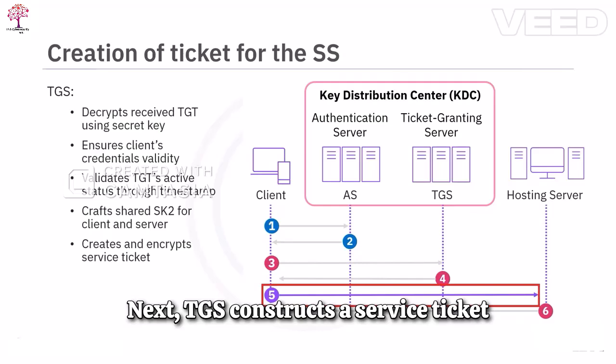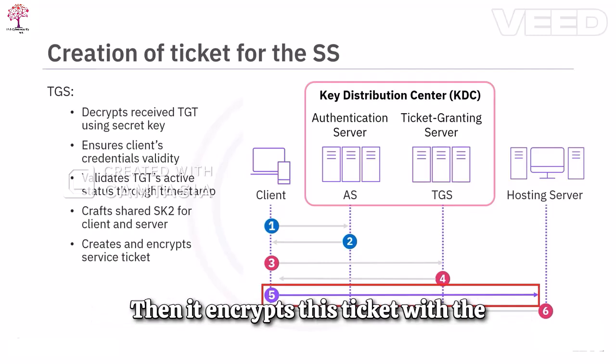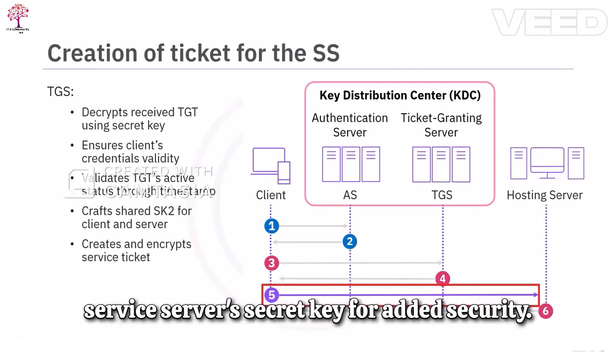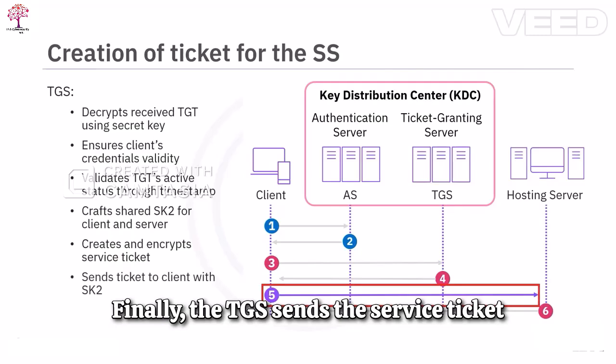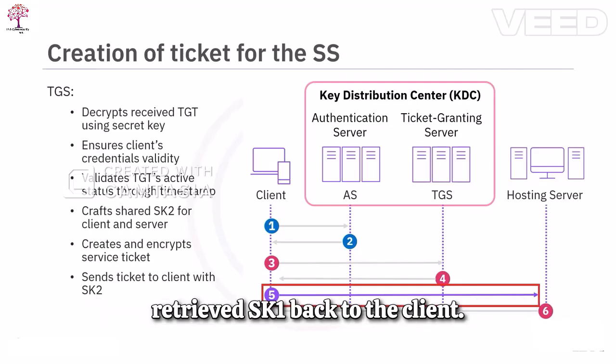Next, TGS constructs a service ticket containing the client's information and SK2. Then, it encrypts this ticket with the service server's secret key for added security. Finally, the TGS sends the service ticket along with SK2, encrypted with the previously retrieved SK1, back to the client.